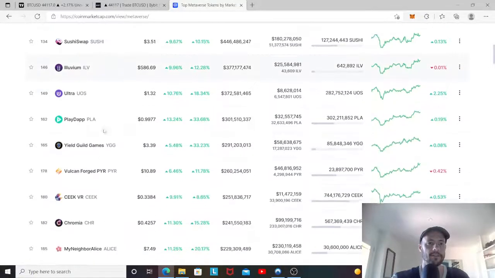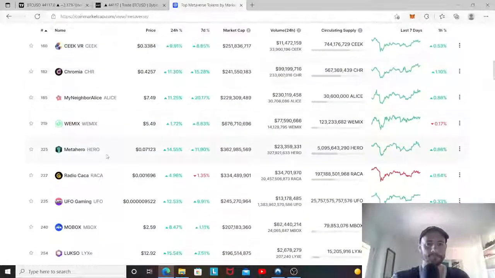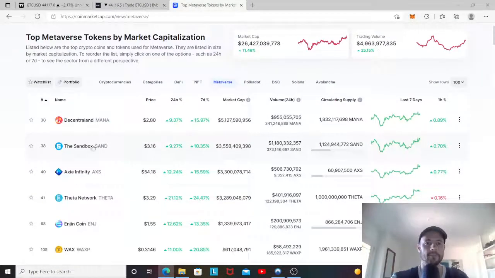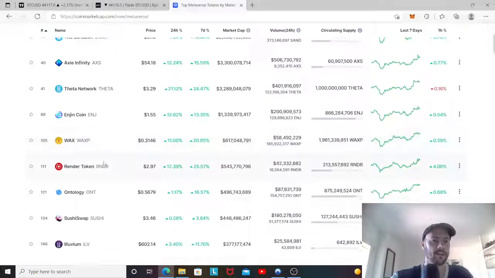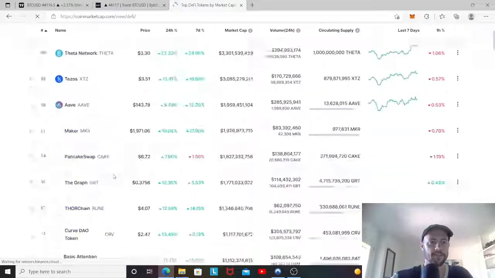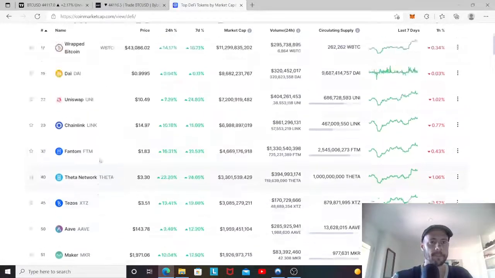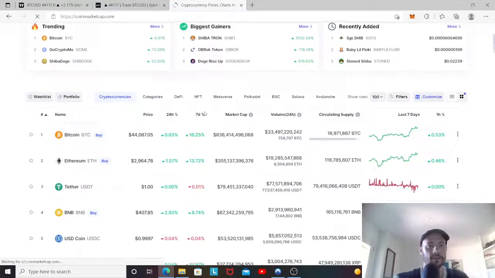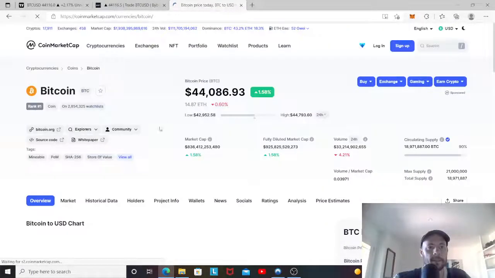All these are in the metaverse category. So say you want to look at different metaverse coins to buy, you can scroll through here. You could go to DeFi, look at DeFi coins, whatever.